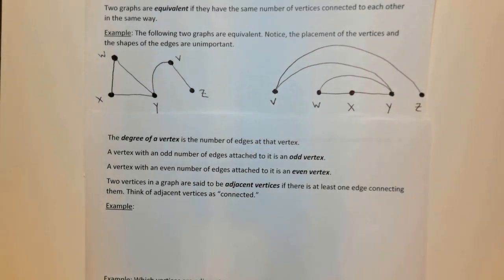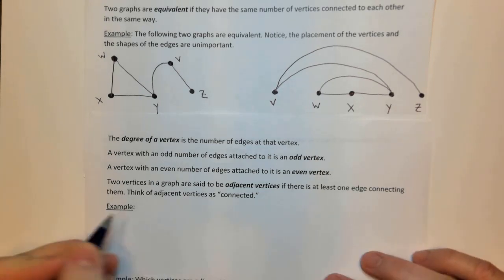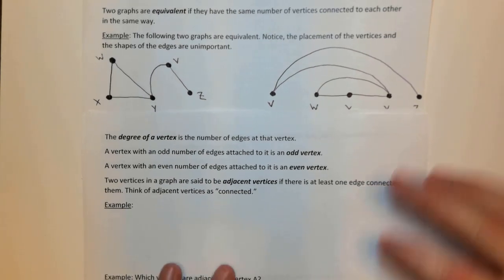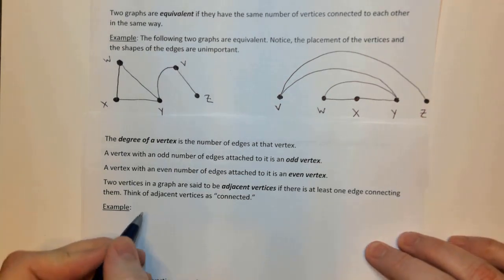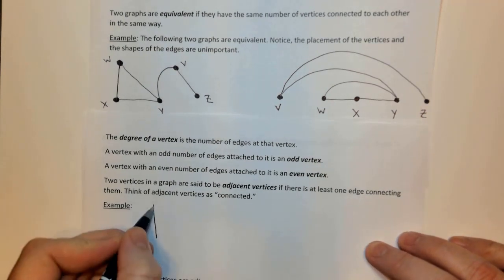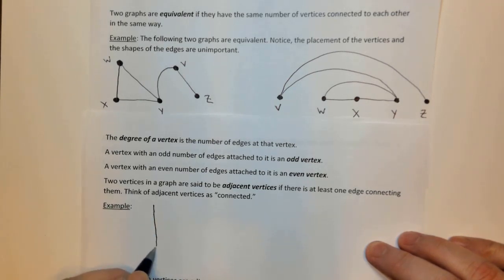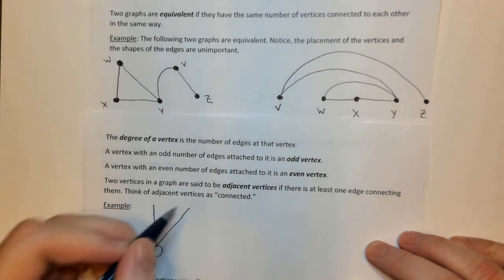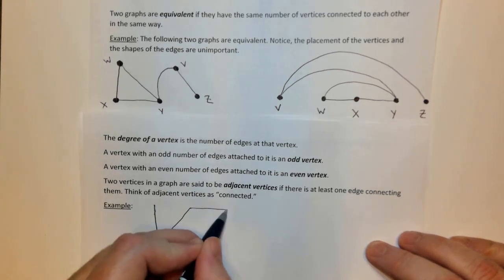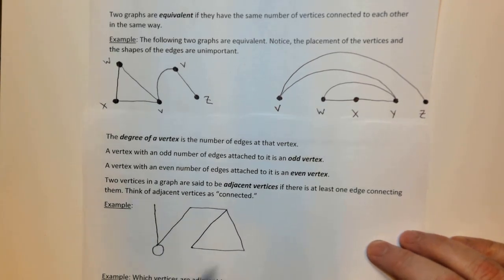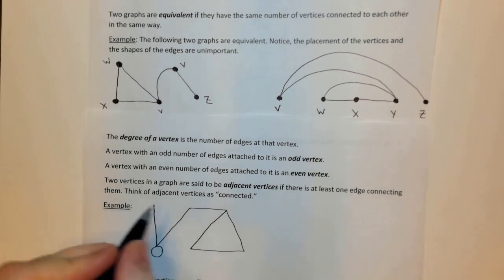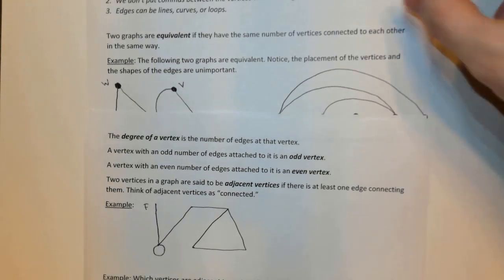But I'm going to give you a very specific example, so let me draw that out. We're going to introduce another loop, so here we go. All right, so let me go ahead and label where my vertices are.